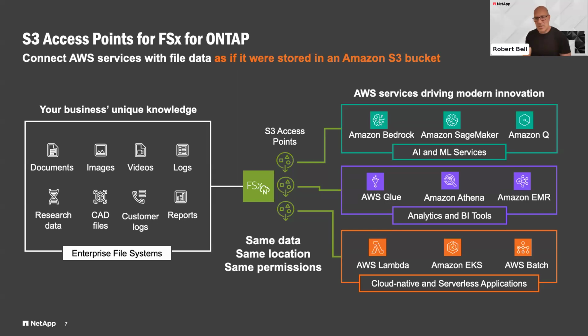But if the data is on premises, for example in an ONTAP system, and you want to use these services in AWS, you can do a very simple replication, which is built into ONTAP. Both FSx for ONTAP and ONTAP on premises have a feature called SnapMirror, which creates a mirror copy without any effort. It's all automatic. You get a mirror copy in FSx for ONTAP of what you have on premises, and then you can attach all of these services as if the source of the data was in AWS.